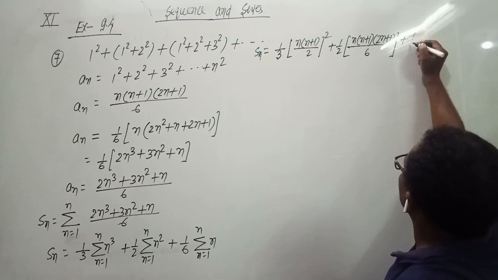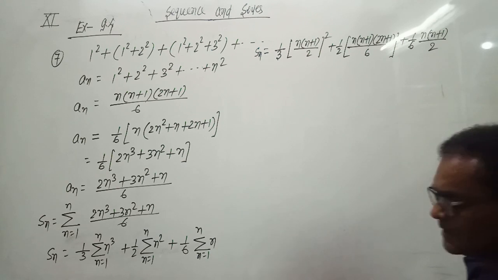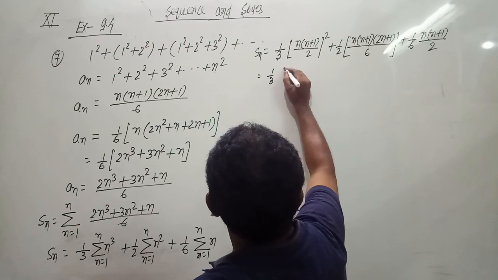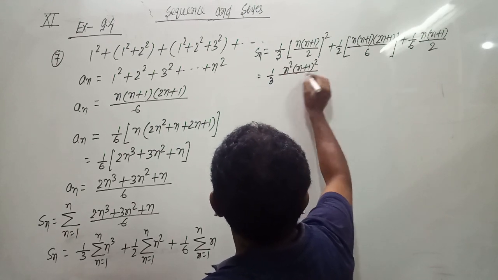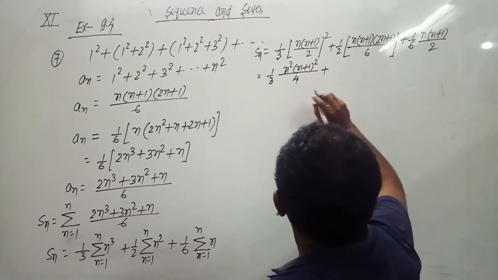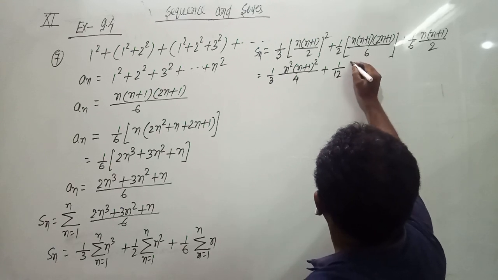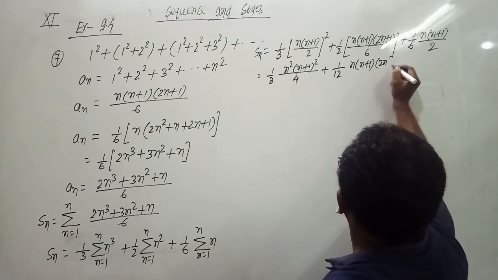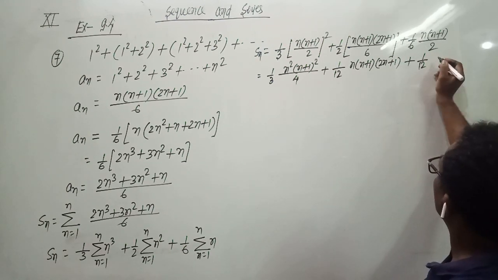Sigma n is written as n into n plus 1 upon 2. So it comes 1 by 3 into n square, n plus 1 the whole square, and 2 the whole square, 4, plus 1 by 2 into 6, 1 by 12, n into n plus 1 into 2n plus 1, plus 1 by 12 and n into n plus 1.